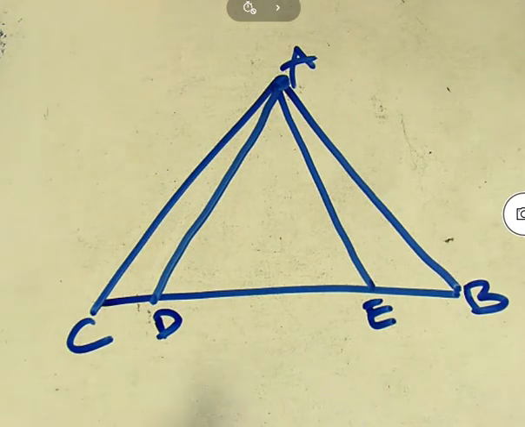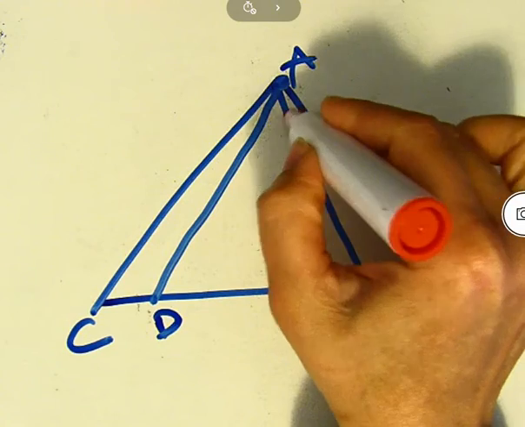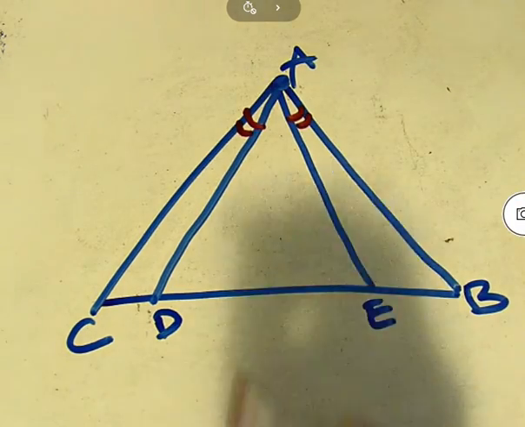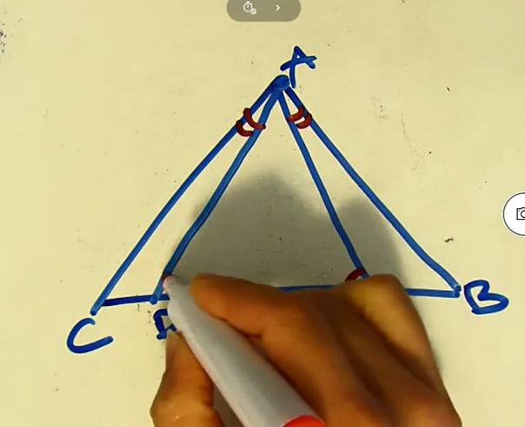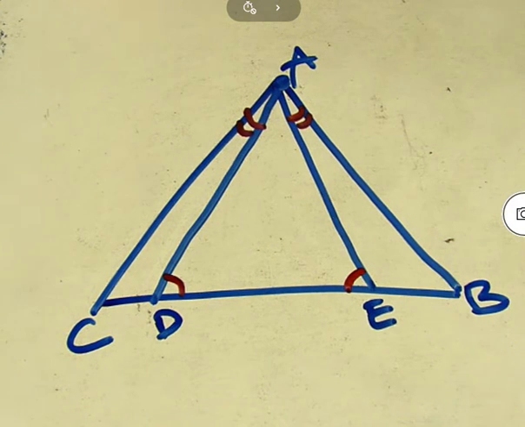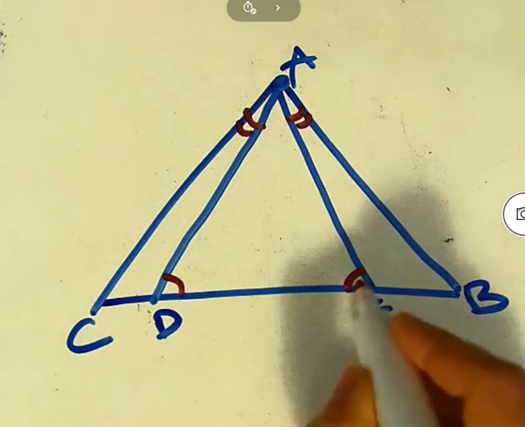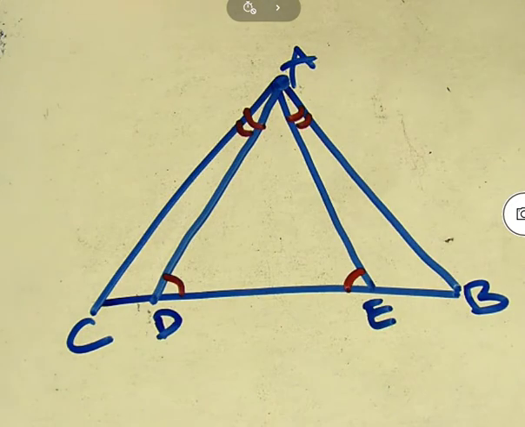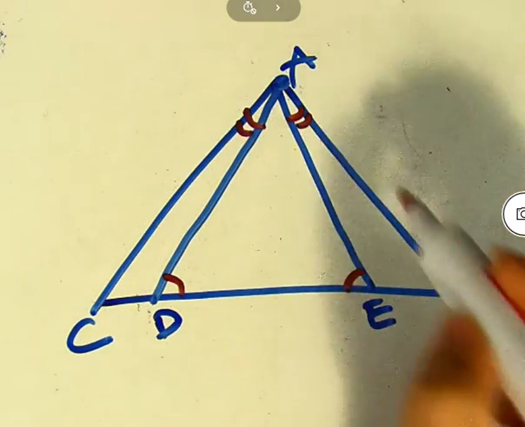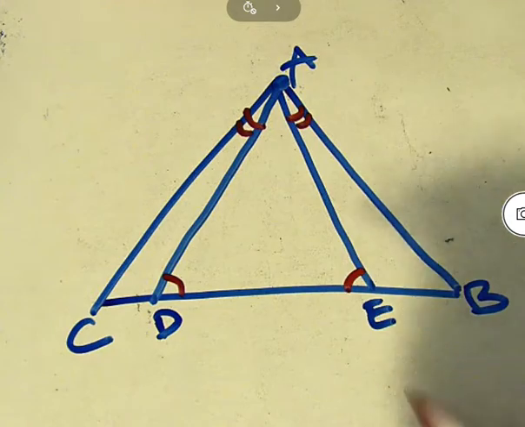Now, what is given to us in this problem is that these 2 angles up here are congruent to one another, and these 2 angles down here are also congruent to one another as well. Now, as soon as I see this, all I think of is label things congruent, meaning because of these angles being congruent, this creates an isosceles triangle.